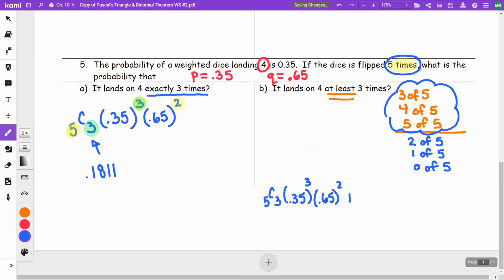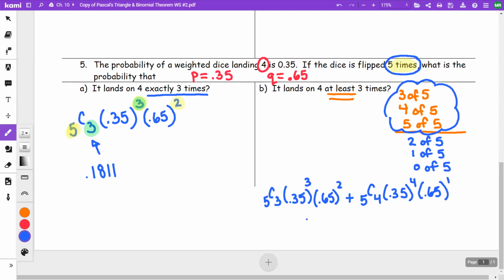plus 5 choose 4 times 0.35 to the power 4 and 0.65 to the power 1.